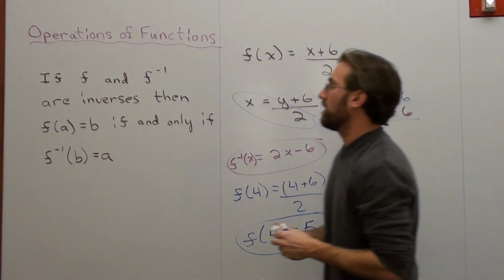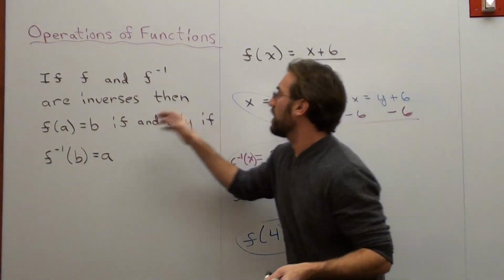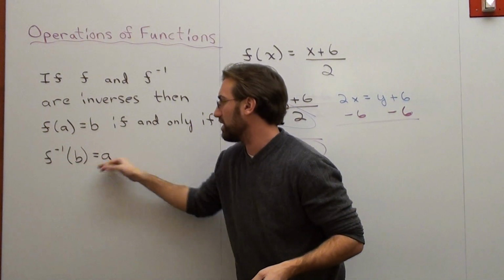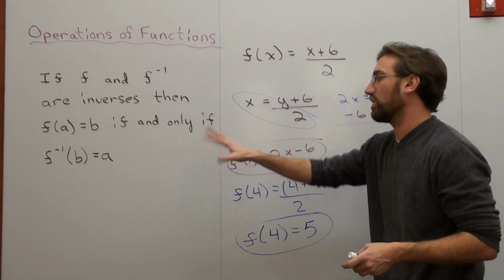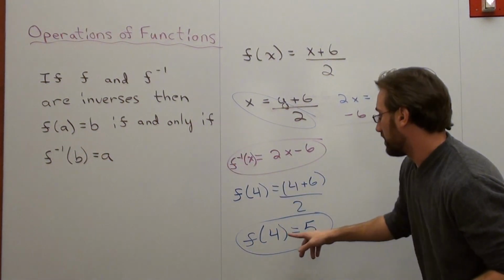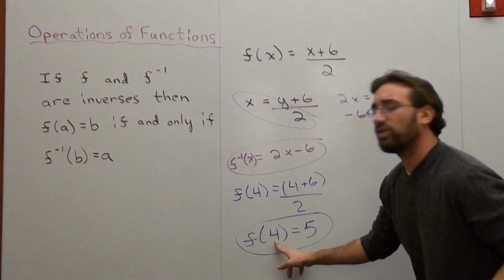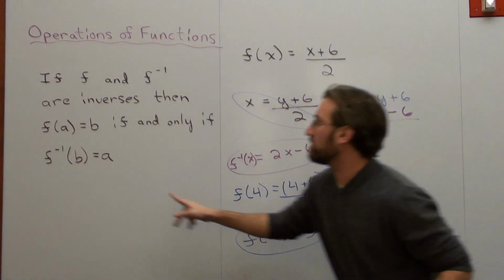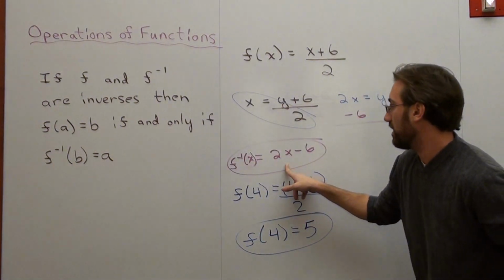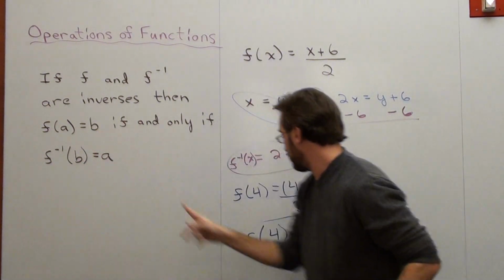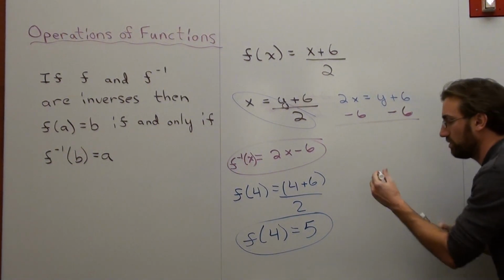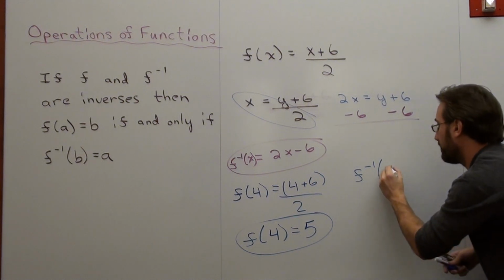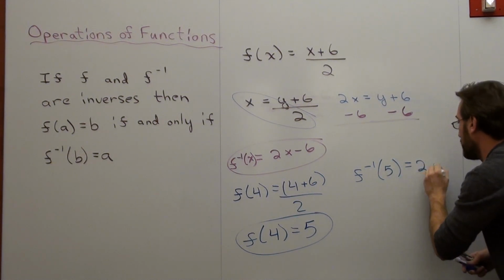Now what this states is, if these two functions are inverses, then f of a equals b if and only if the inverse of b equals a. So let's look at this. A is 4, b is 5. Now I'm going to take the inverse function, which is this one right here, and plug in the b value. Well, the b value was 5. So the inverse of 5 equals 2x minus 6.